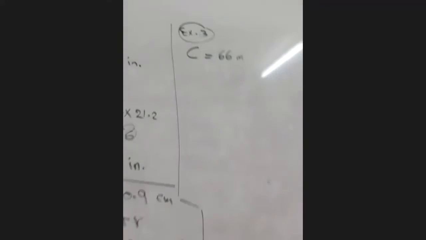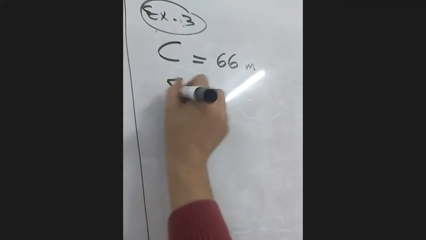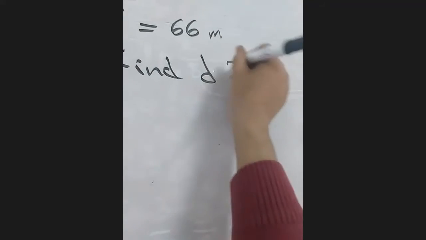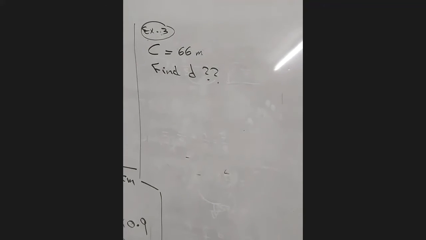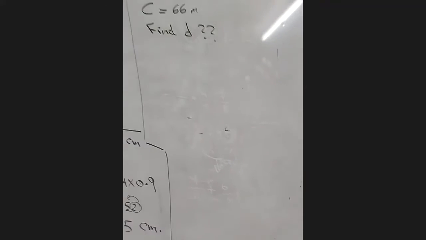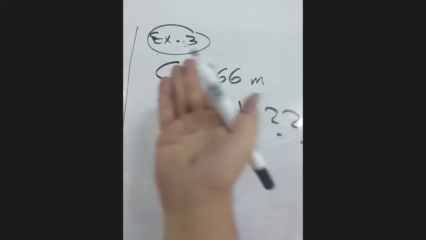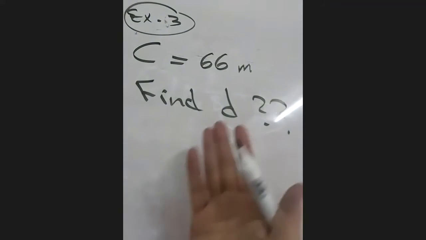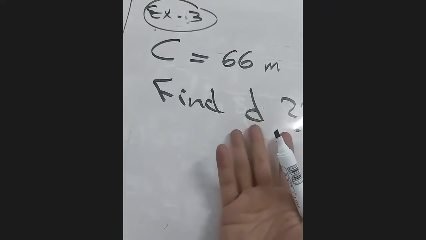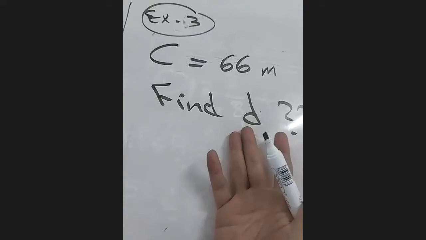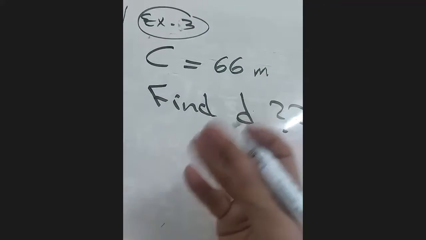Find what? The approximate what? Diameter. So the given is the circumference and they want us to find what? The approximate diameter. Forget the word approximate for now.